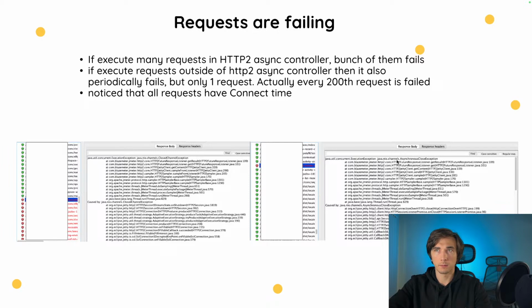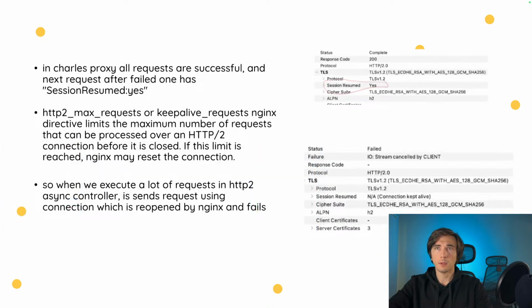Why? It turned out that, looking closer at the details in Charles specifically, we see that the 199th request is fine, the 200th request, or actually the 201st request, is failed, and it is failed on the JMeter side.